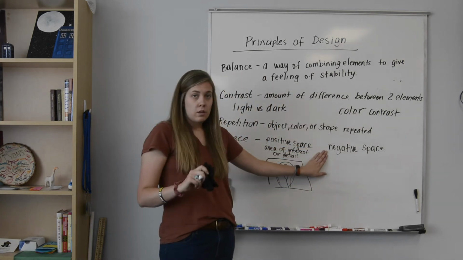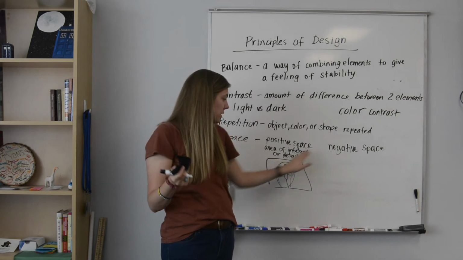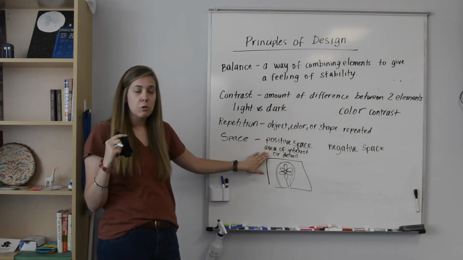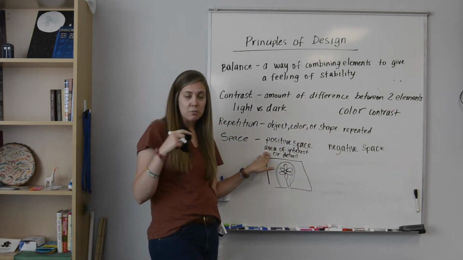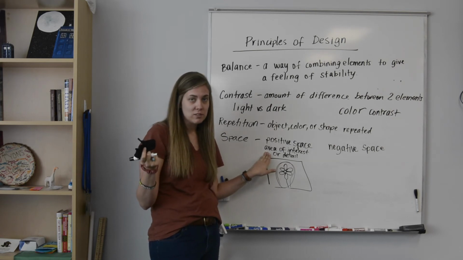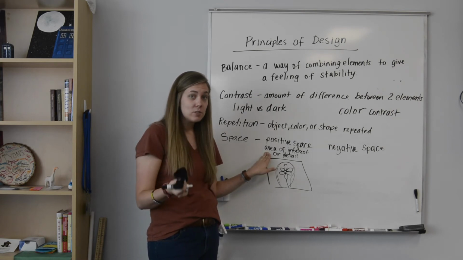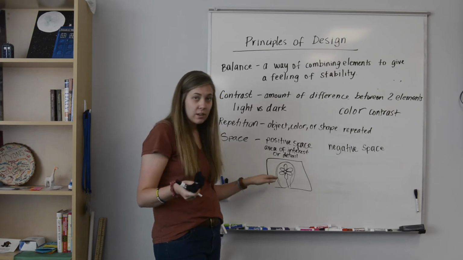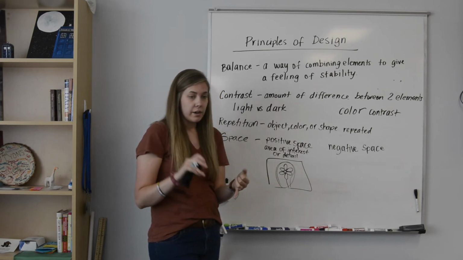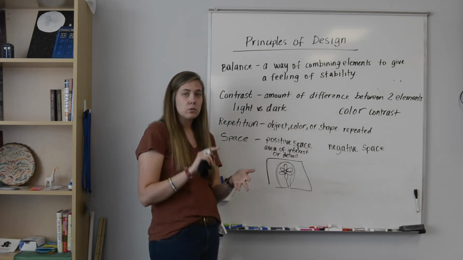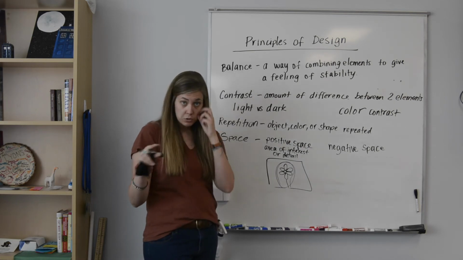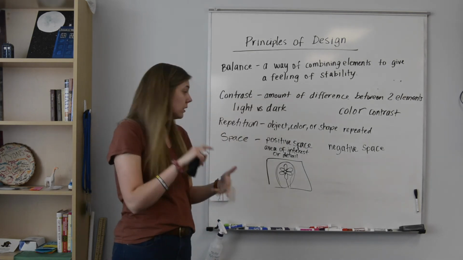Okay? Now, if the positive space is the area of interest or detail, take a moment, maybe say it to yourself, make a guess. What is the negative space? The negative space is everything else. It's usually the area that is empty or quiet, visually quiet or calm.